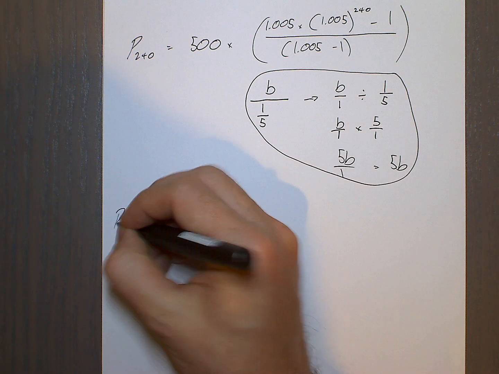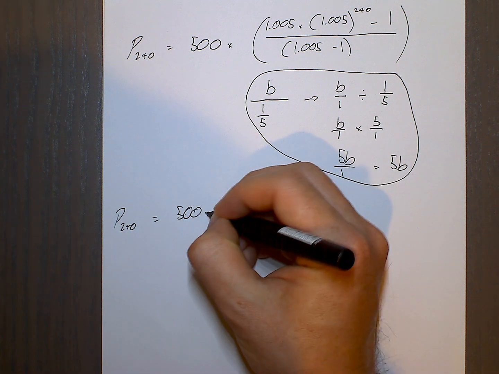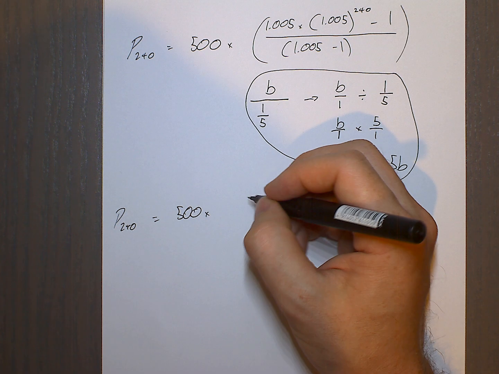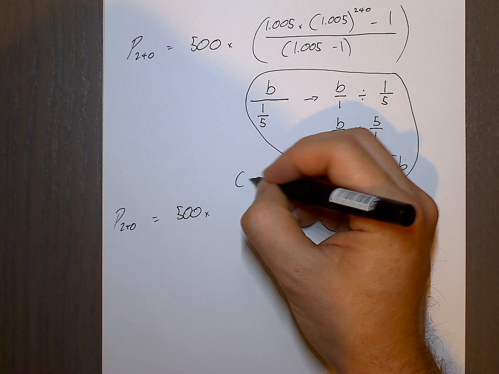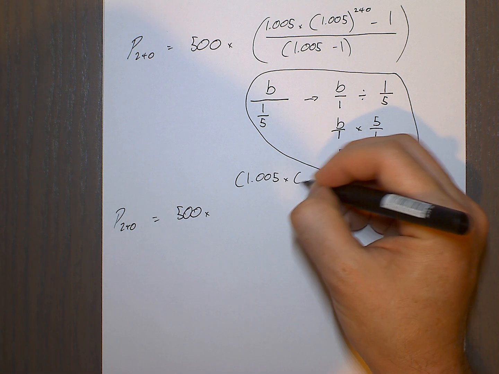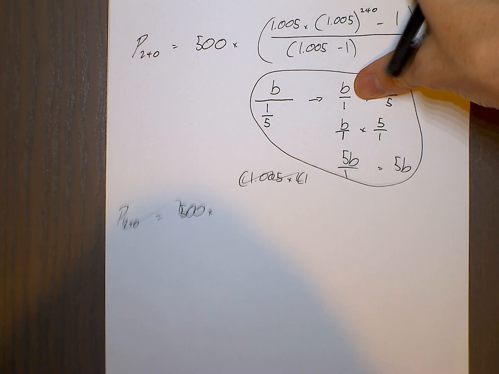So P240 equals 500 times, I'm going to put all this over 1, and just to be safe, I'm going to put it in brackets. 1.005 times 1. Oh, why did I write it there? I'm just going to bring it down. Sorry about that, guys.